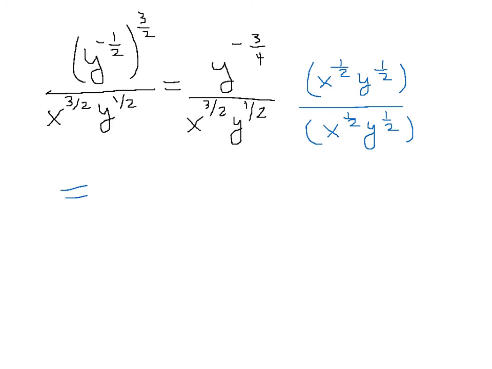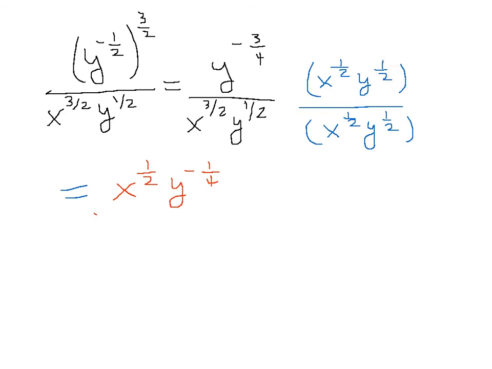So do you see why this is the proper thing to multiply by? When I do this and I multiply in the top, I get x to the 1/2 times y to the minus 1/4. That's what I get when I add minus 3/4 and 1/2, which is minus 3/4 and 2/4.